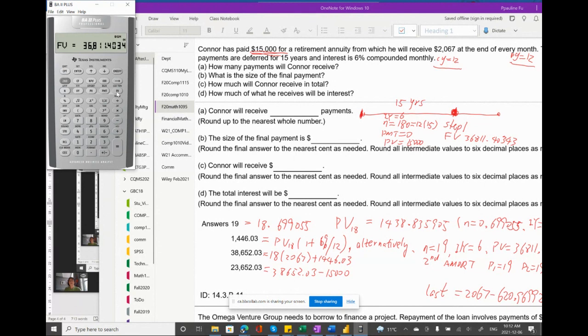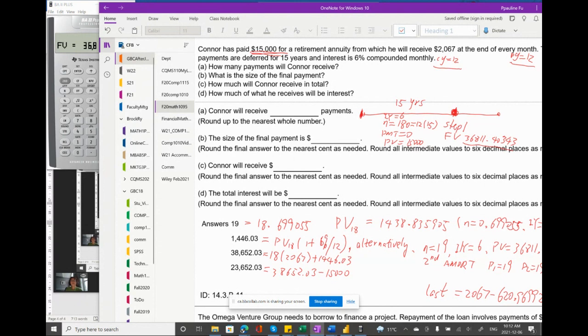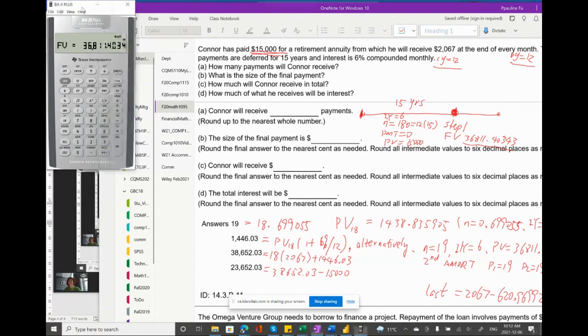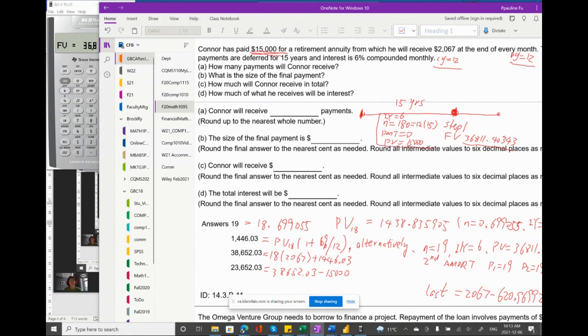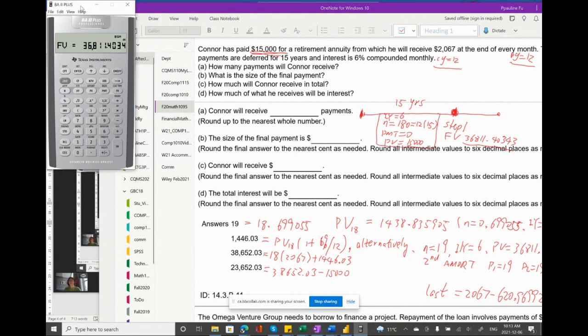Compute future value. See, you got this future value, 36,811. That is step 1. Based on these four numbers, enter four numbers, you will get this number, future value.